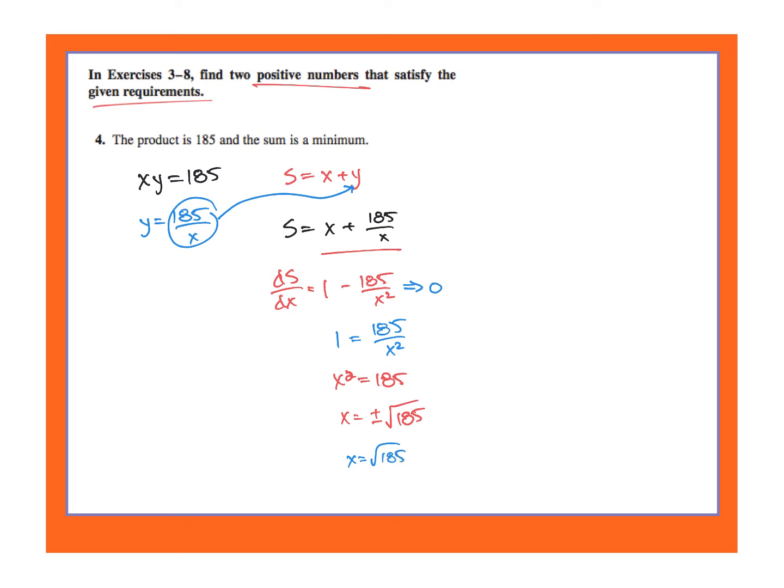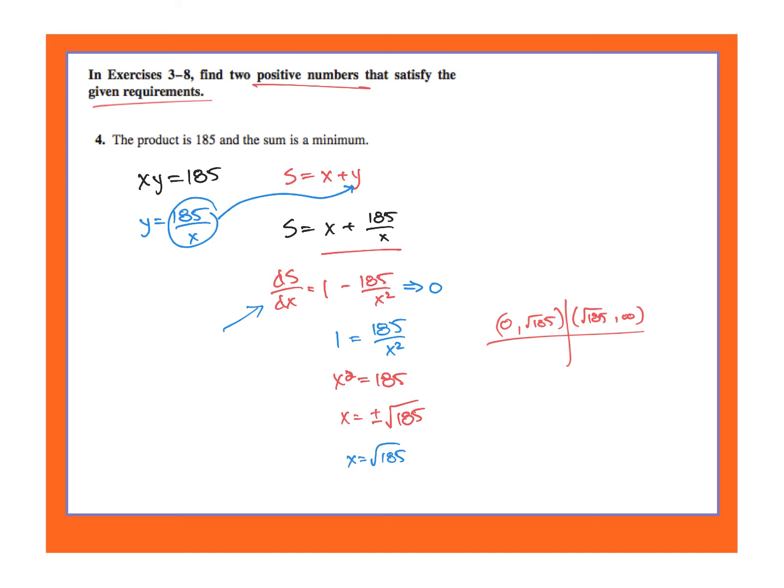Now, what we technically should do is figure out a sign chart from it. So let's just do it real quick. If I have 0 to square root 185, and then square root 185 to infinity, I need to figure out if my derivative goes from negative to positive. That's really what I'm looking for.